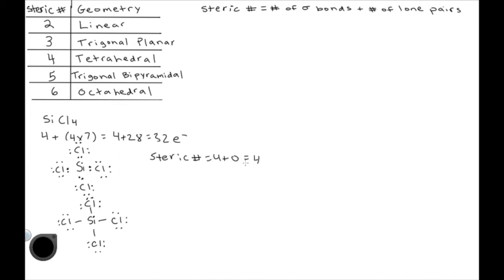We have 4 sigma bonds because, as you remember, all single bonds are sigma bonds. Since we have 4 single bonds, we have 4 sigma bonds. And we have no lone pairs around the silicon, so 4 plus 0 equals 4. And so our geometry is going to be tetrahedral according to our chart.